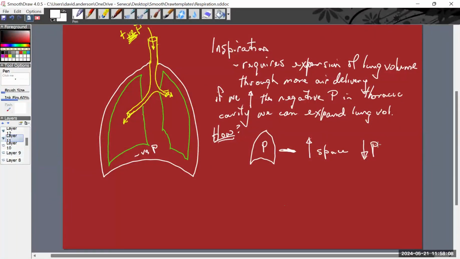In other words, pressure and volume have a reverse, or inverse, relationship. If you make more volume, you're going to create less pressure.